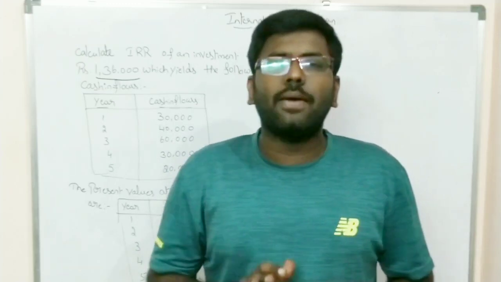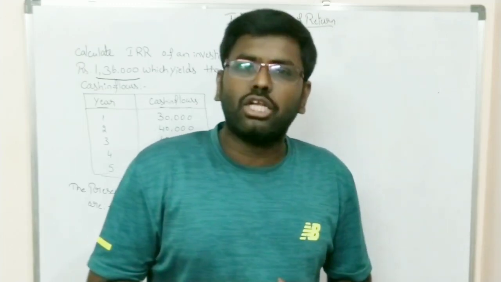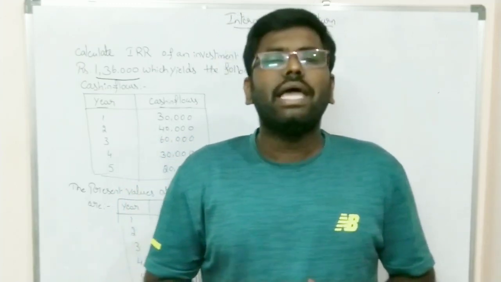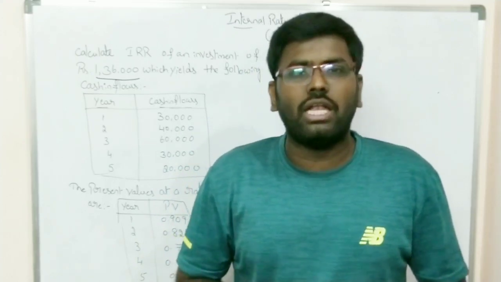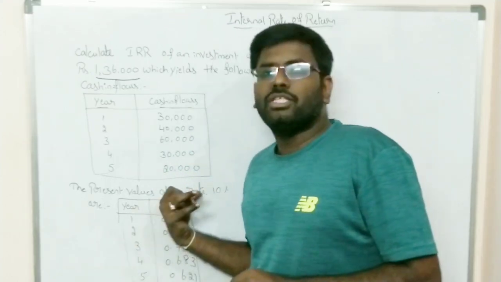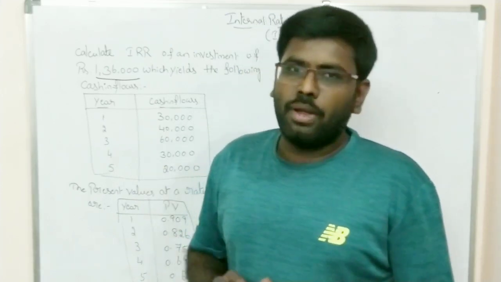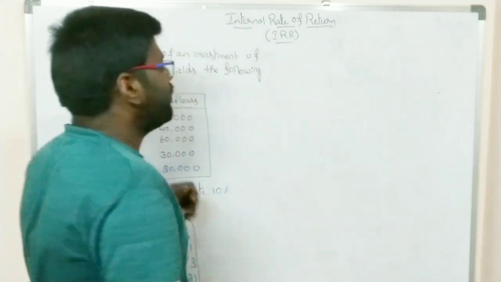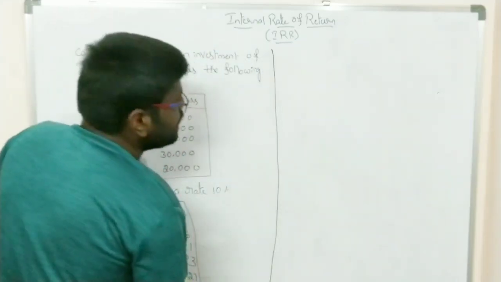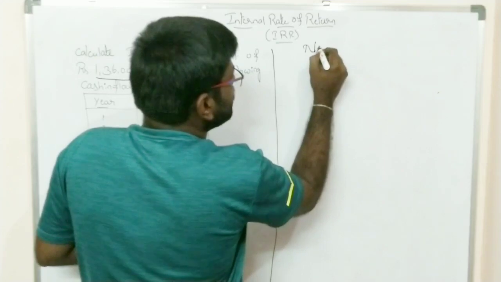So the first step under the calculation of internal rate of return is the calculation of net present value with a given discount rate. Whatever discount rate is given in the problem, with that we will calculate net present value.